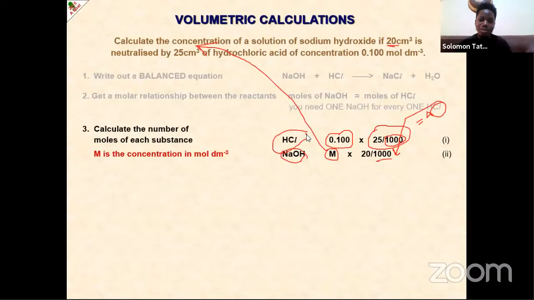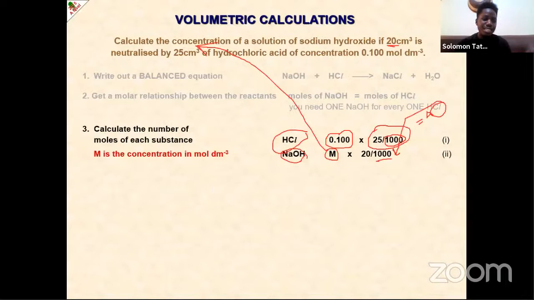The same number of moles of HCl react with the sodium hydroxide. If the mole ratio was 1 to 2, then we would have to divide the one for HCl by 2 to get the one for sodium hydroxide. Or if it was 2 to 1, whatever it would be, you'll just get the fraction and then multiply by what you have.